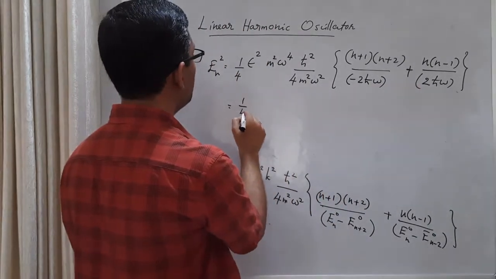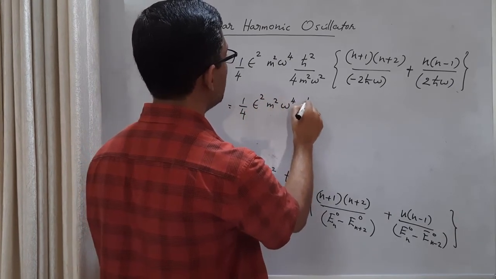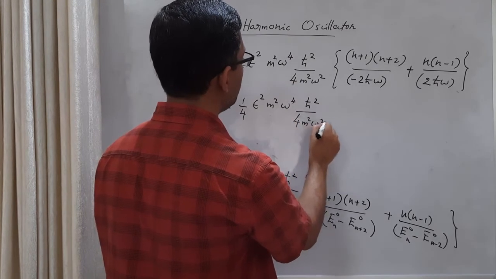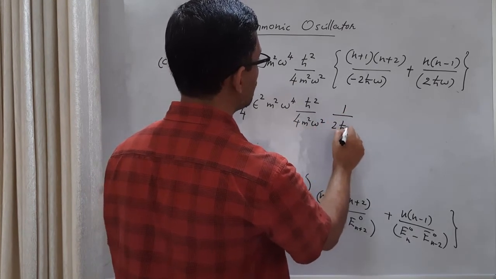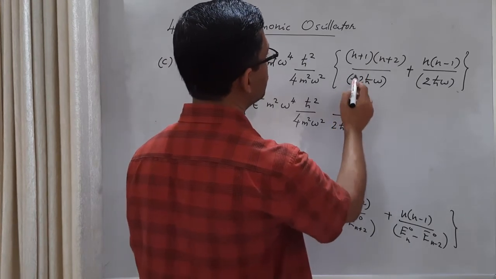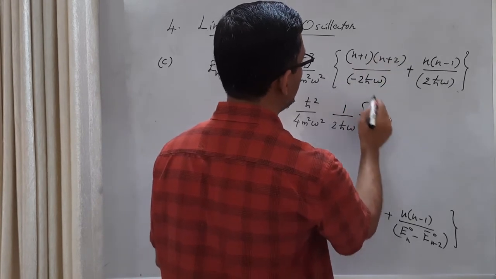So we have 1 by 4 epsilon square m square omega raised to 4, h cross square divided by 4 m square omega square, 1 by 2h cross omega. Okay, there is a minus sign here, so this term will be minus. What is n plus 1 into n plus 2, with all minus sign?